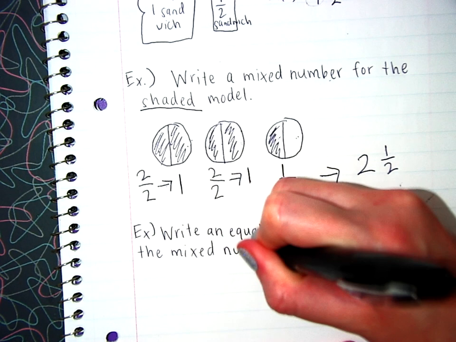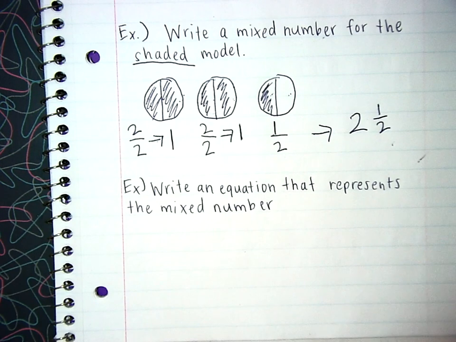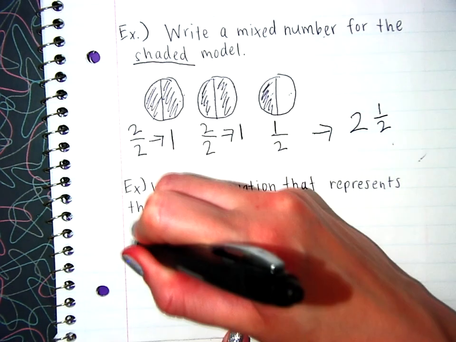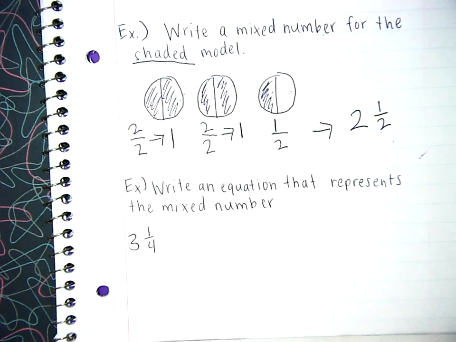So they will give you the mixed number, and then you have to tell them what are the whole parts and what are the fraction parts. So for this example, the mixed number would be 3 and 1/4.